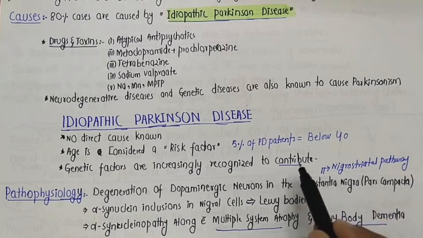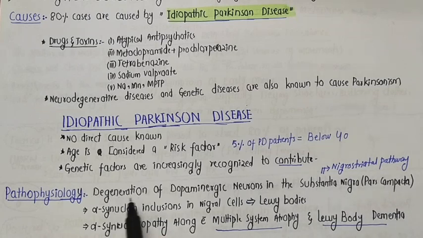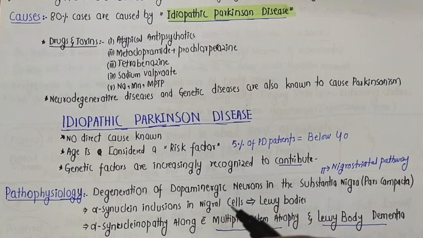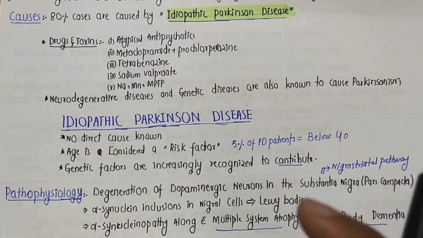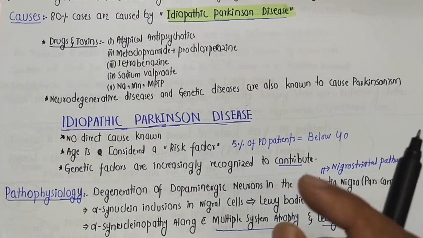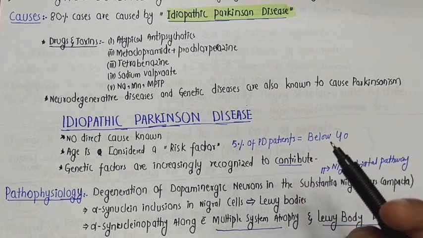So the nigrostriatal pathway is degenerated in the brain. With the degeneration of this pathway, there is depletion of the neurotransmitter dopamine in the brain, which causes movements to be slowed down, called bradykinesia.